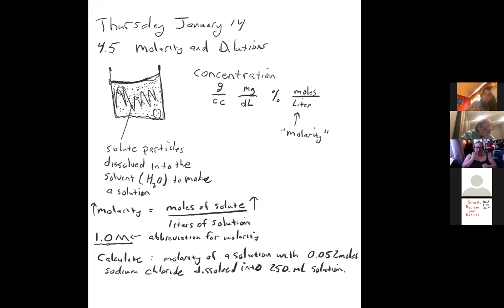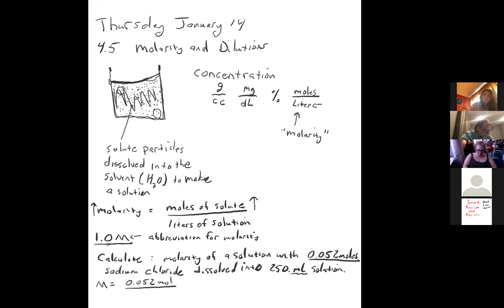There is one issue here, which is the units are in milliliters. They're not in liters. We need to have them be in liters, right? So molarity, I'm going to use capital M for molarity, is the number of moles. So that would be 0.052. And then we need to divide that by the volume, but the volume is in milliliters.